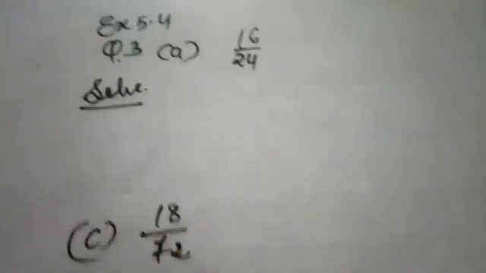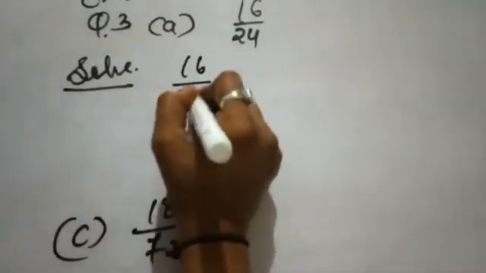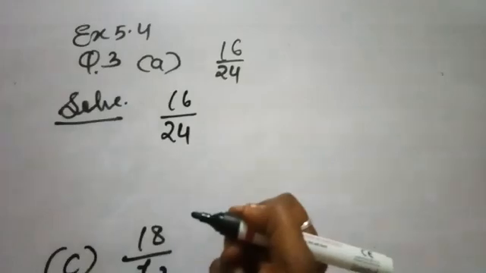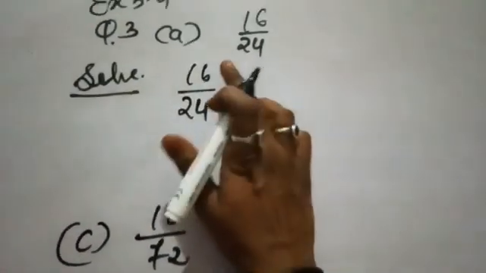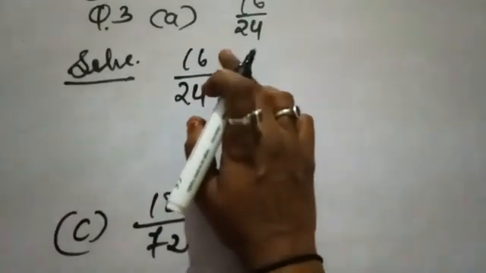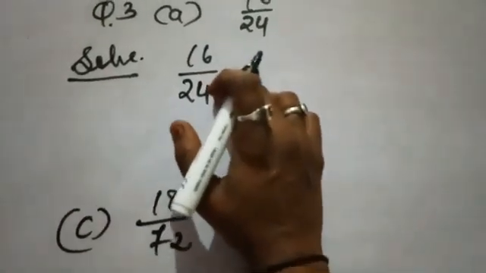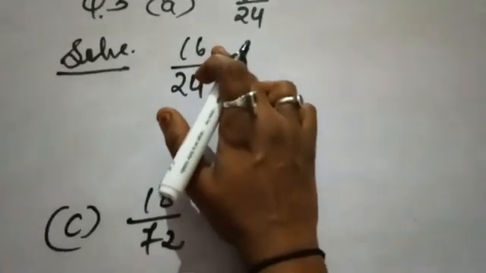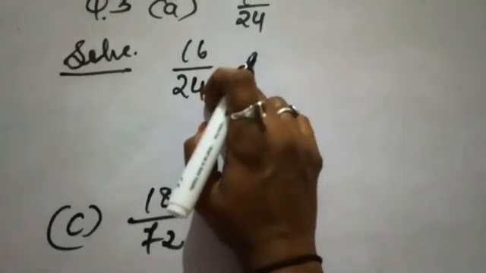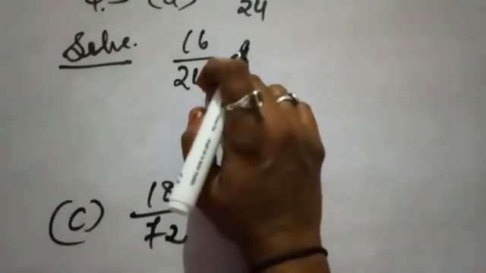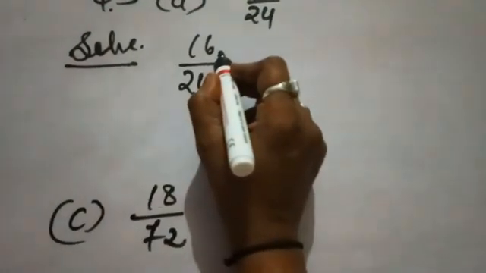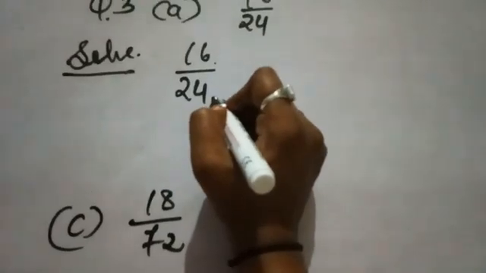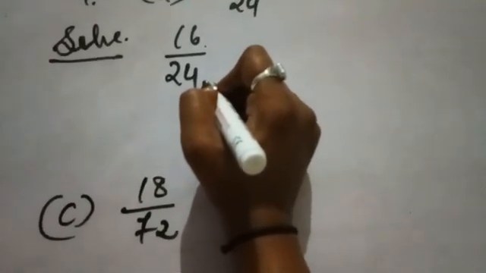So let's see. For converting the given fraction into simplest form, we have to check the numerator and denominator. When we check, both numbers are divisible by 2. In the table of 2, 16 is there 8 times, and 24 also. But there are more possibilities: 16 is also divisible by 4 and 24 is also divisible by 4.